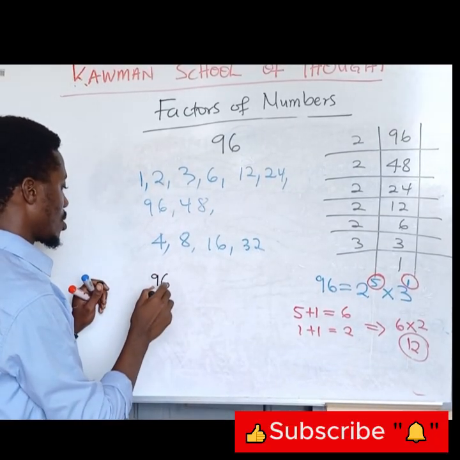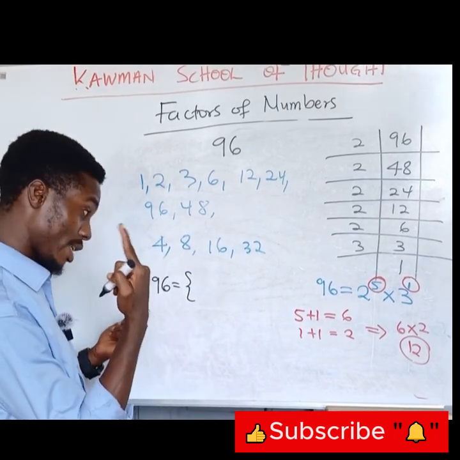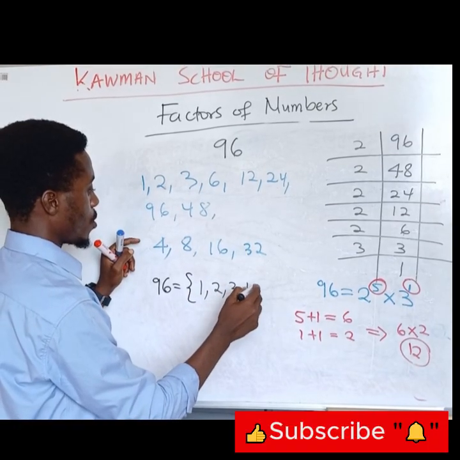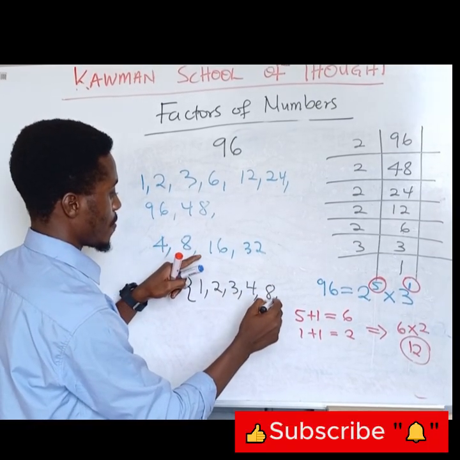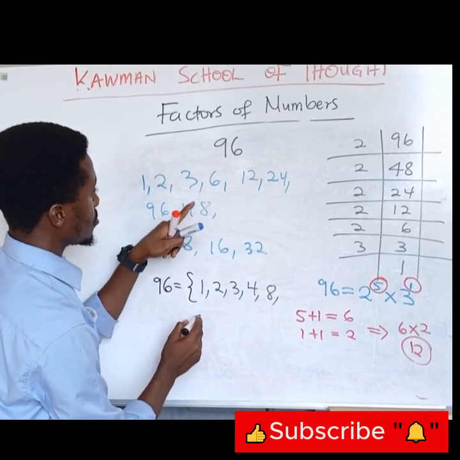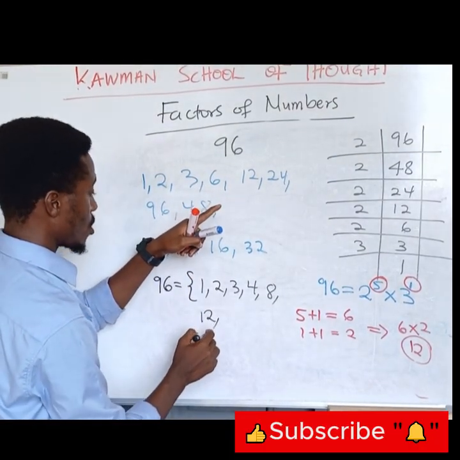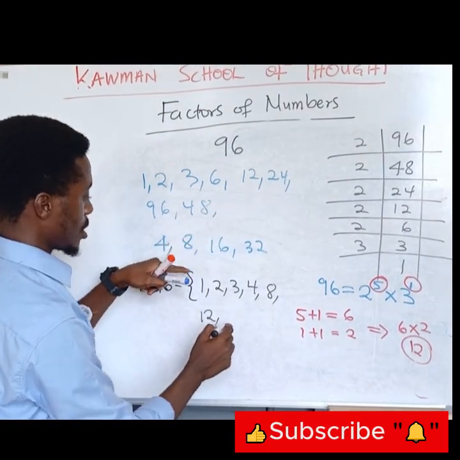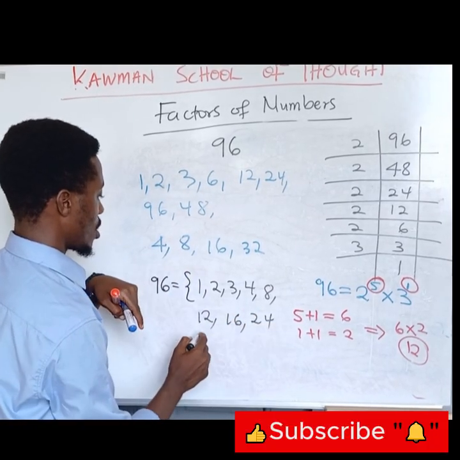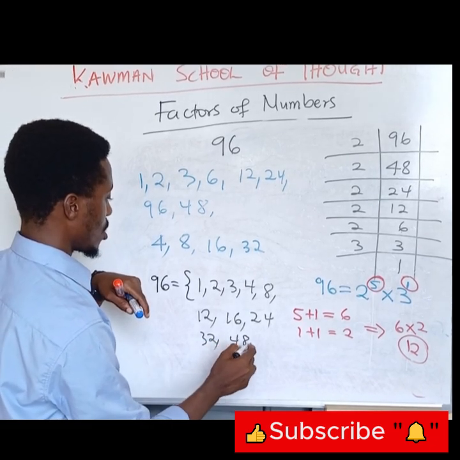So all the factors of 96 in ascending order are 1, 2, 3, 4, 6, 8, 12, 16, 24, 32, 48 and 96.